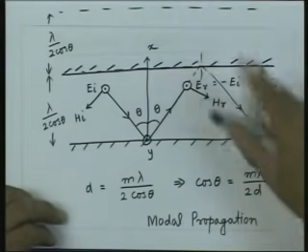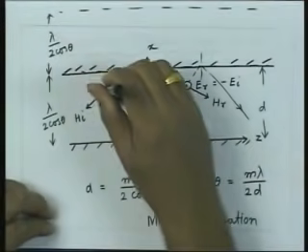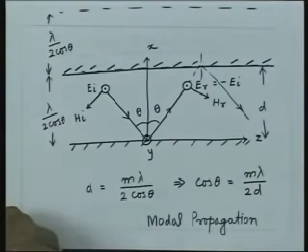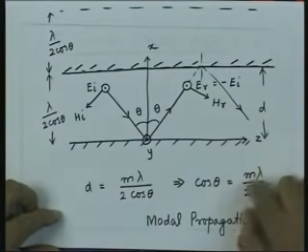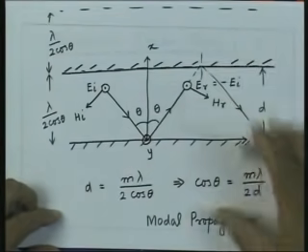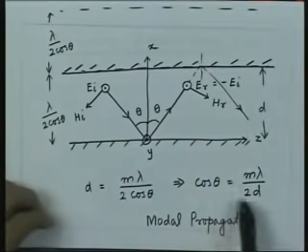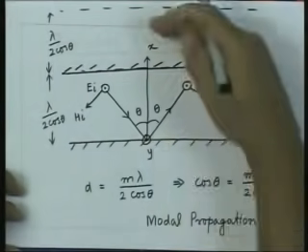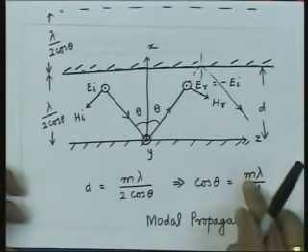If I go here, m will be equal to 2, and so on. That means though the fields have the same nature, that is, the electric field is transverse, I can have different possibilities. Either I can have a region corresponding to m equal to 1, or m equal to 2 or m equal to 3, and so on, whatever is the maximum value permitted. That means the field distribution which we are going to get is characterized by this integer number m.